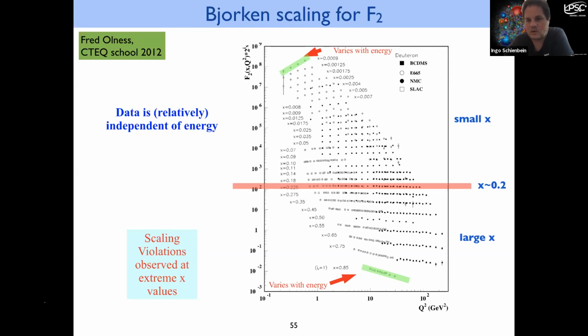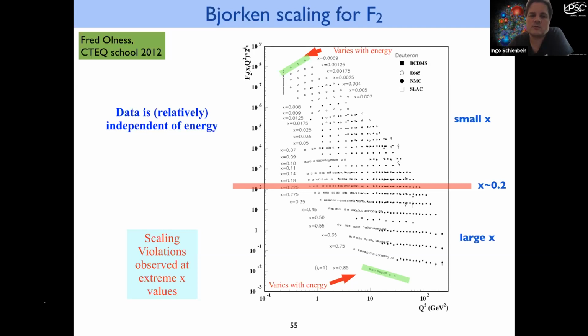At x about 0.2, this horizontal red line, the data are really constant, they are flat, and they scale. At small x, you see a slight rise in Q squared. And at large x, you see that the cross sections drop slightly in Q squared.